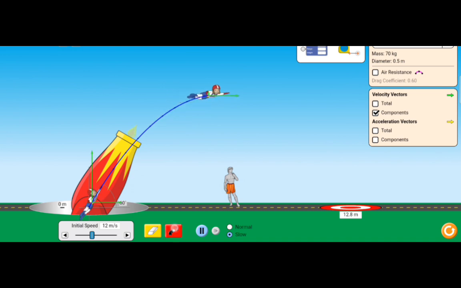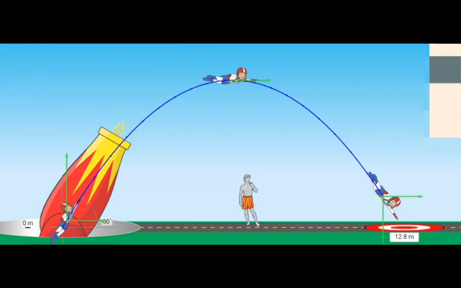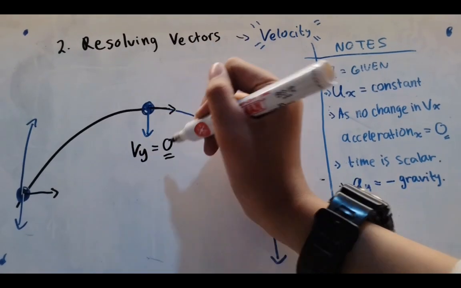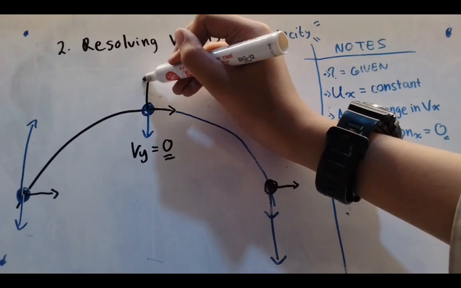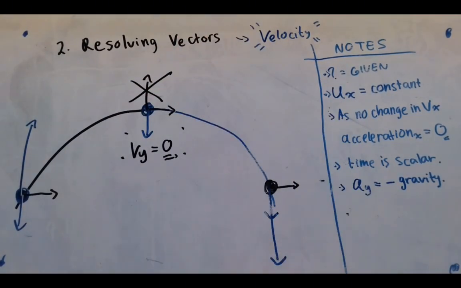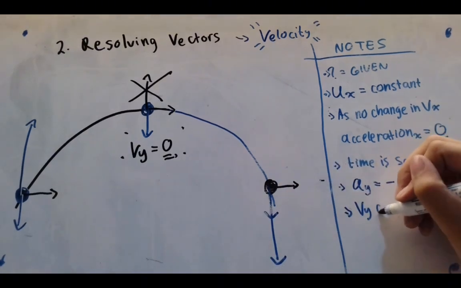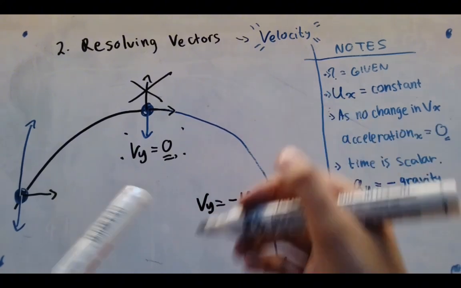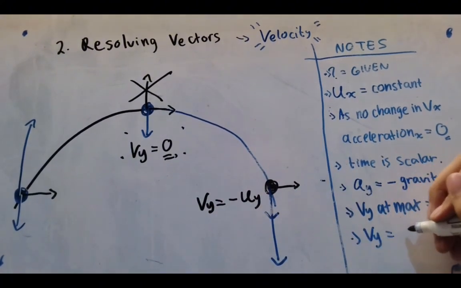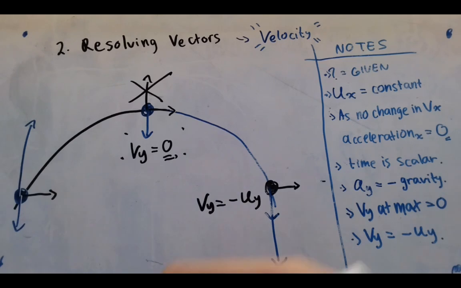As we can see in the animation, in terms of velocity in the y direction, the first position goes upwards, the second position has no vertical velocity, and the third position goes downwards. Thus, we can say at the maximum point the vertical velocity equals 0, and at the final point the vertical velocity will be equal to the negative of the initial vertical velocity.